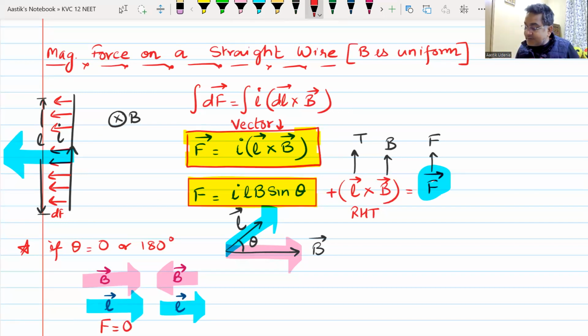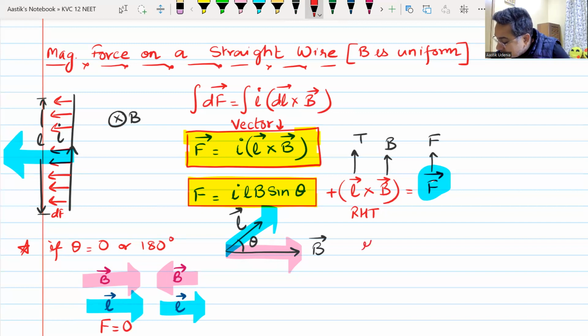Do we understand this? If the angle is 0 or 180 degrees, the wire and the magnetic field are parallel, or in the opposite sense, and the force is 0.